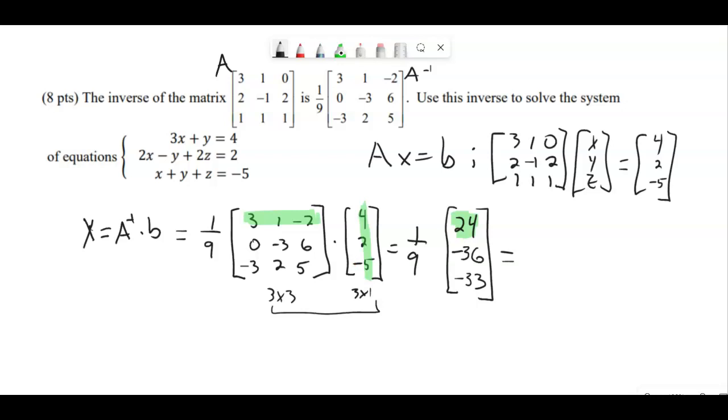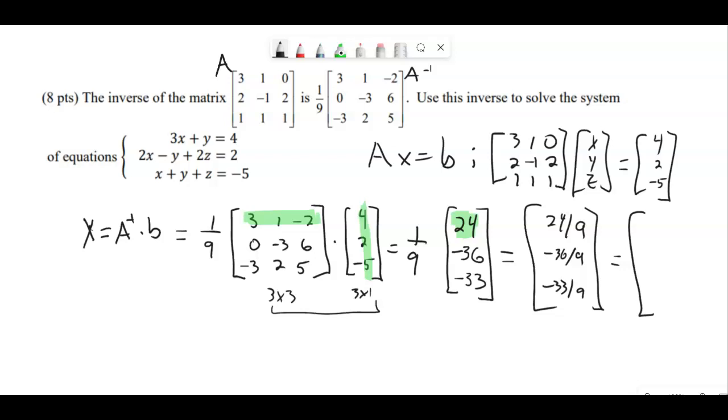Okay, we can now distribute the divide by 9 and get 24/9, -36/9, and -33/9, which we can then reduce to get our final answer. This would be 8/3, this would be just -4, and this would be -11/3.